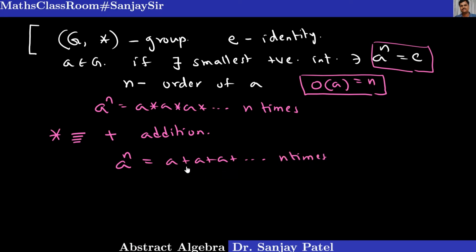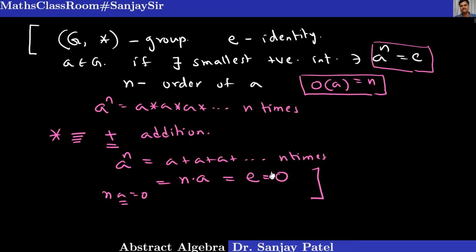And that is the case in our ring theory. This we denote by n times a, and this must be the identity element, but whenever the operation is plus, the identity element we write as 0. So combining all this, in short, na equal to 0 means the additive order of the element a is n.